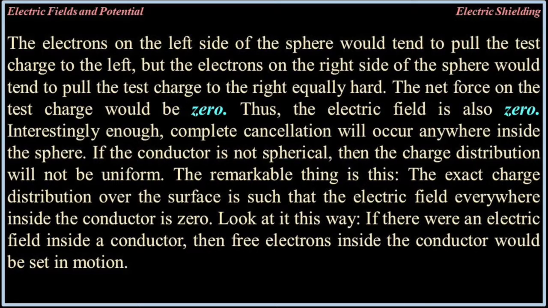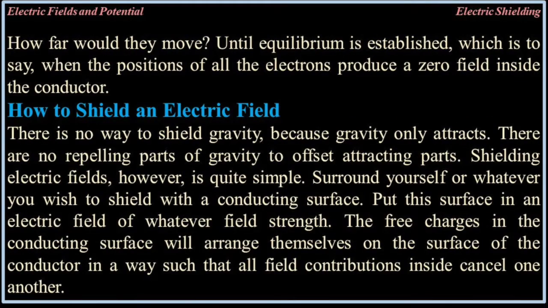If there were an electric field inside a conductor, then free electrons inside the conductor would be set in motion. How far would they move? Until equilibrium is established, which is to say, when the positions of all electrons produce a zero field inside the conductor.